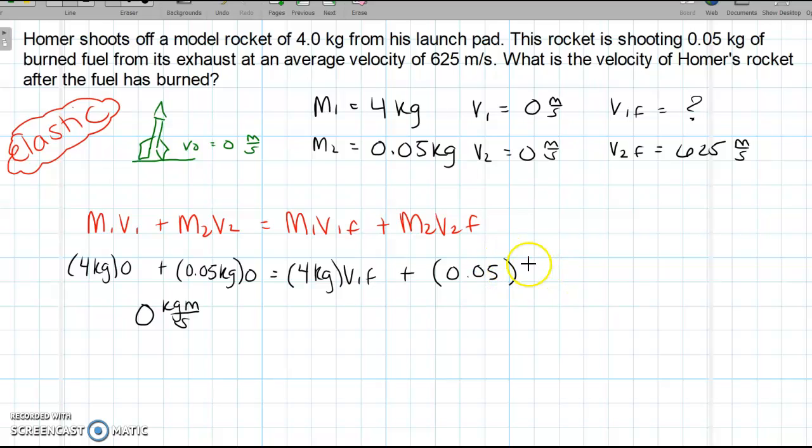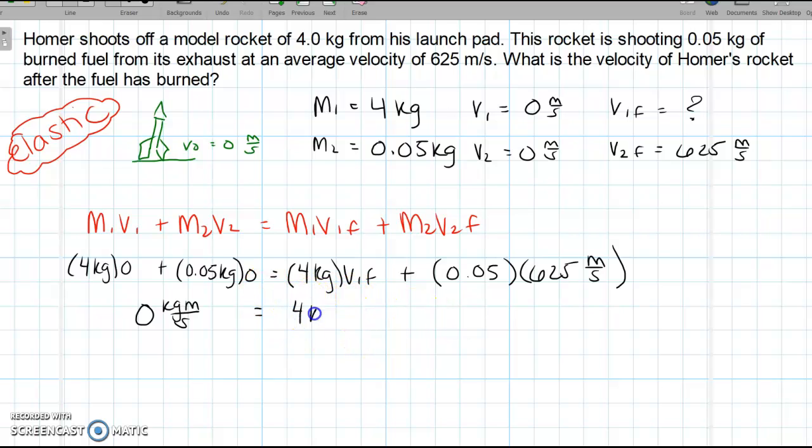So we have 0.05 kilograms times 625 meters per second. All right, so again, our initial momentum for our system is 0, so that means our final momentum for the system has to be equal to 0, just from the conservation of momentum.